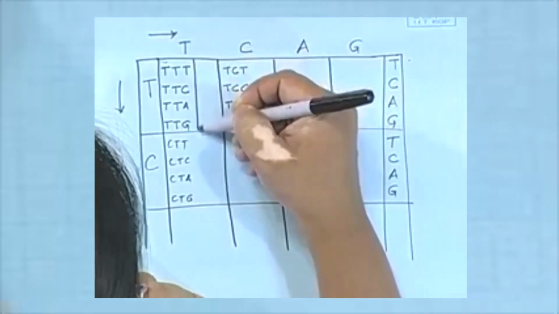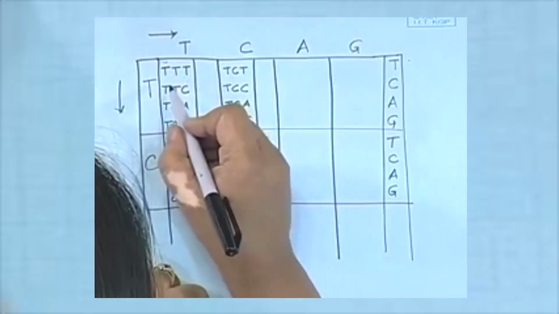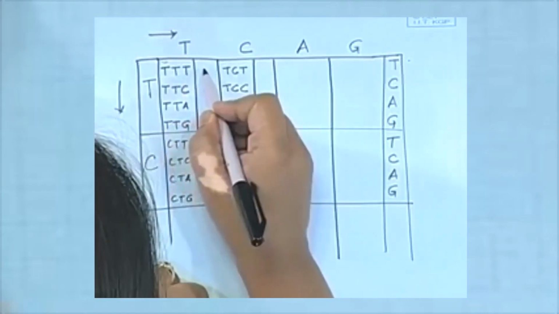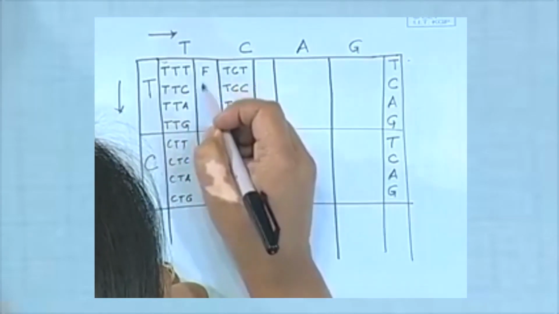Now, each of these codes for an amino acid. We have triplet codons, and the triplet codons will code for an amino acid. These two code for phenylalanine.